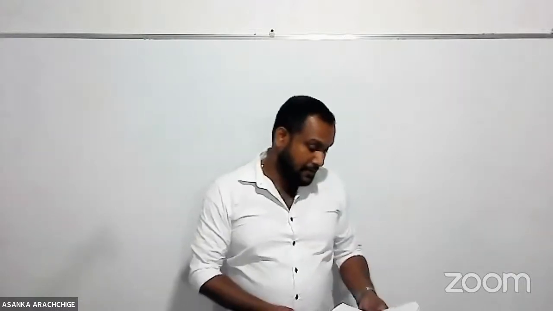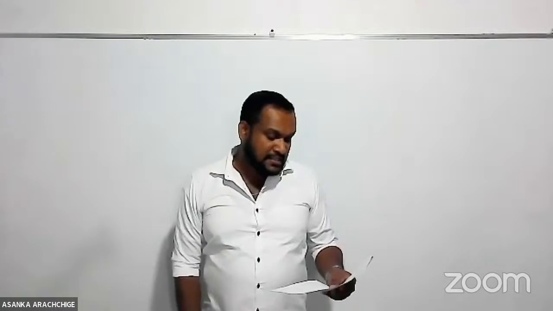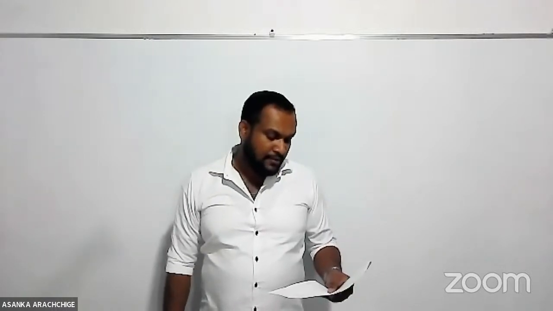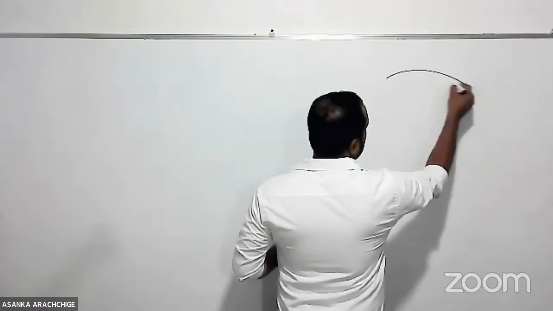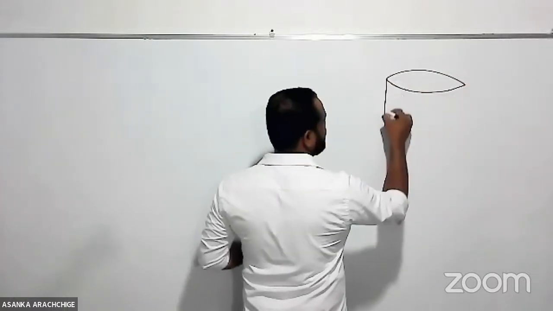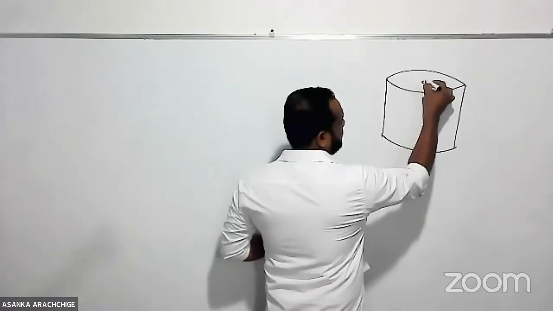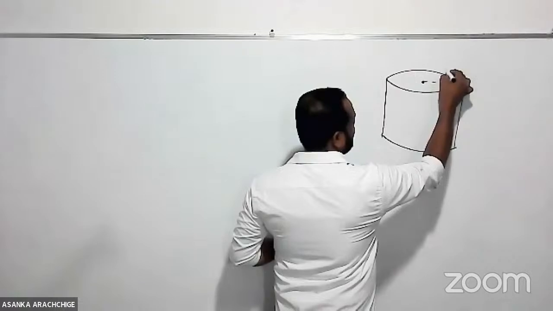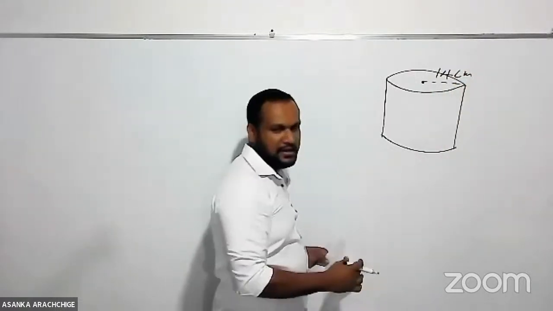Number 16. The base radius of a solid cylinder is 14 centimeters. This is the base. The radius of the base is 14 centimeters, right?